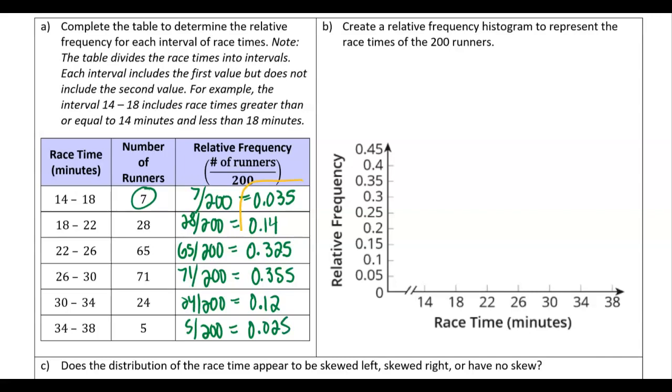So if we add up all of those decimals, they should add to 1, and they do. So we know we've got all our frequencies correct.